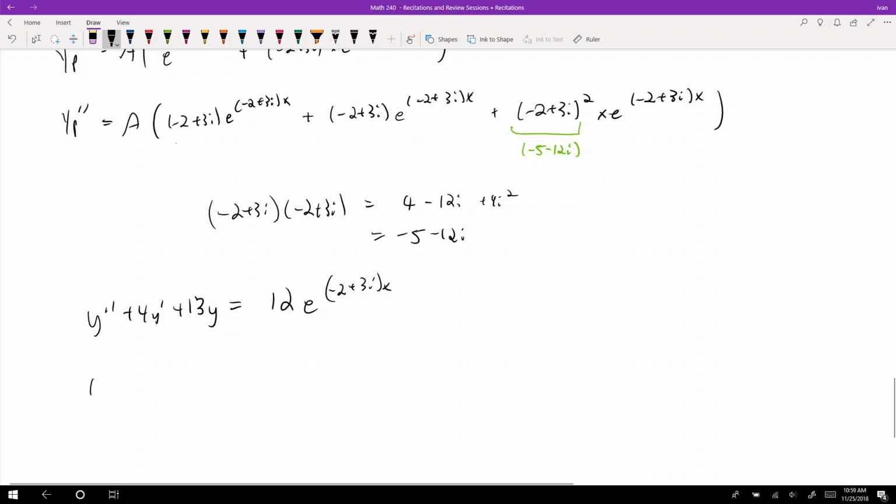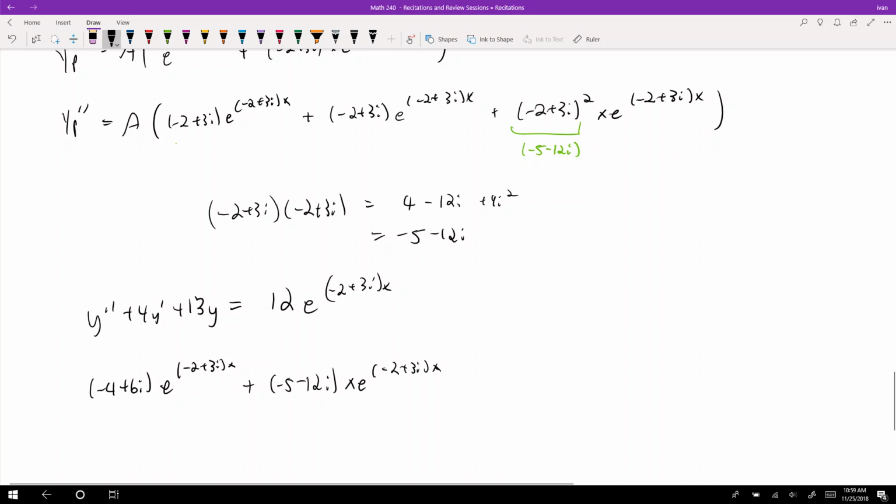This becomes negative 4 plus 6i e to the negative 2 plus 3i x, plus negative 5 minus 12i x e to the negative 2 plus 3i x.